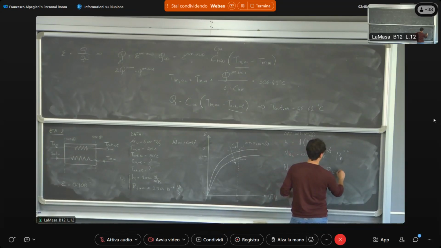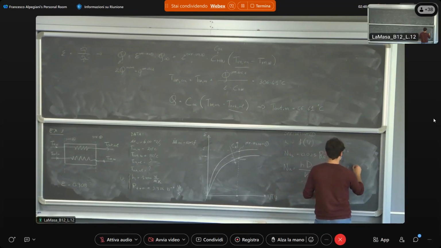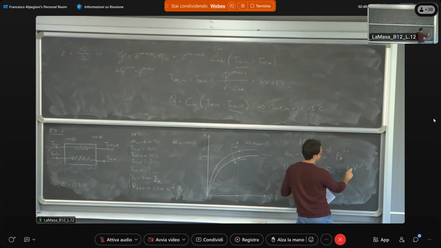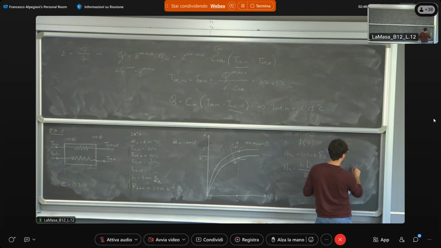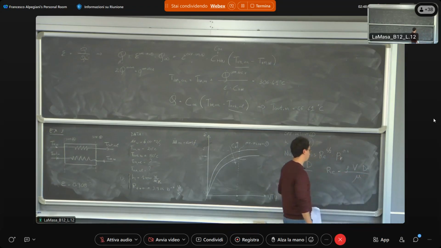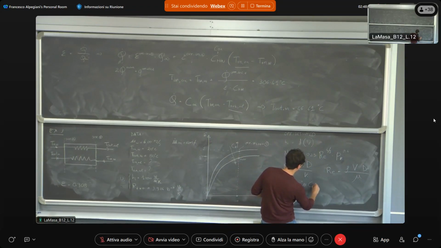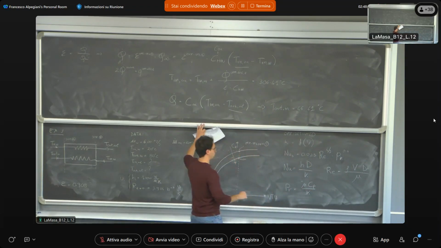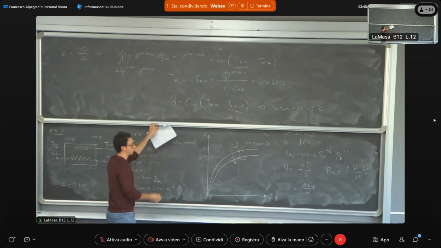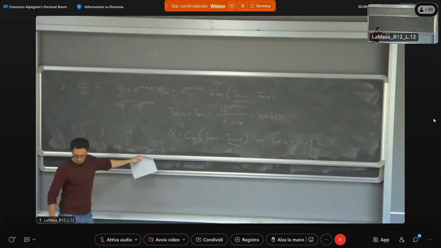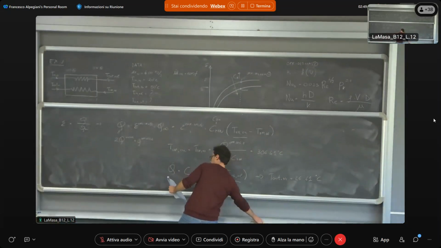Reynolds is rho, so the density, times the velocity times the diameter divided by mu, so the viscosity. And Prandtl instead is equal to mu times Cp divided by k. So these are the definitions of the dimensionless numbers which characterize the empirical correlation.